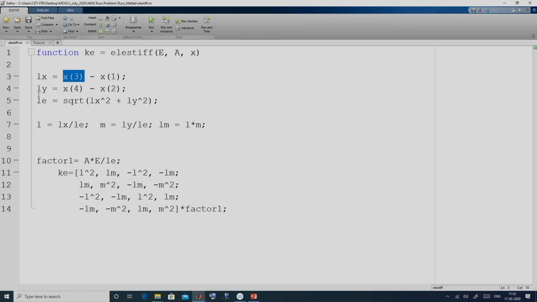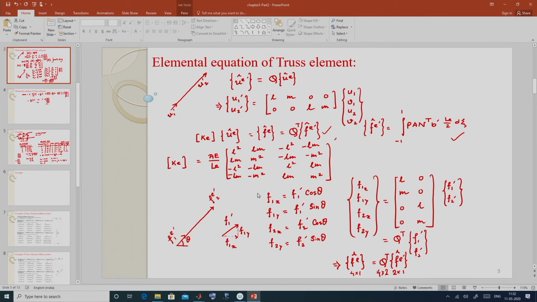Similarly, for the y component of that element, this is y2, the fourth entry of x vector, and this is y1. So, finally, this is the length of the element. Then we know these are the L and M, and if you see, this is our element stiffness matrix.